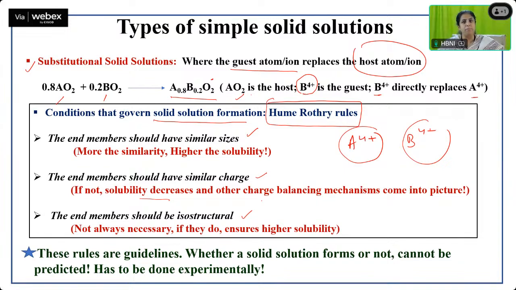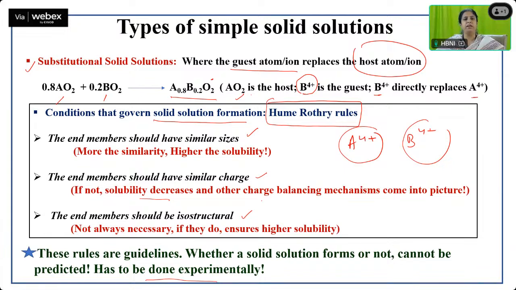Now let me tell you one more thing. We can only talk about the logical things, and that is how we plan our experiment. Whether or not a solid solution will form has to be seen experimentally. Okay? Of course, by experience, we can predict a lot of things.